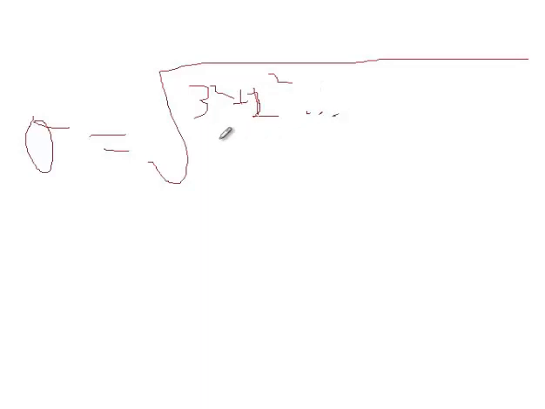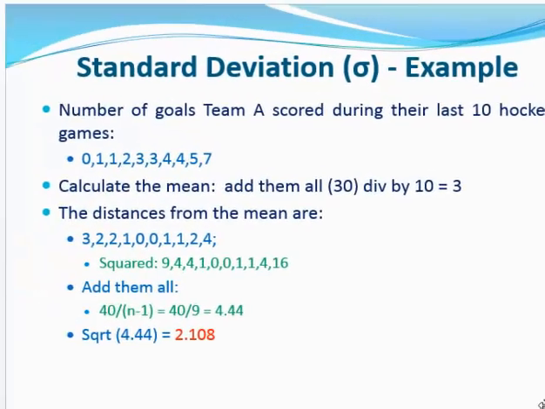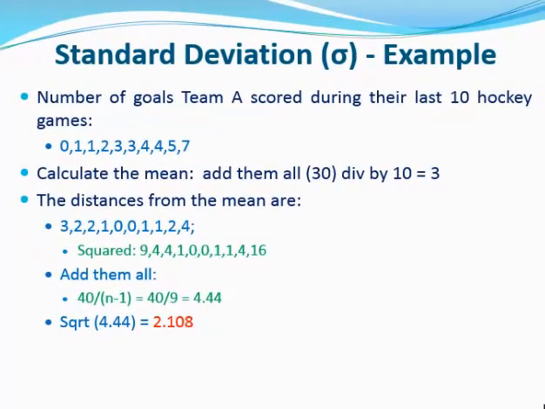Whenever we talk about n in this course, we're talking about the sample size. So it'll be 3 squared plus 2 squared plus 2 squared plus 1 squared plus 0 squared plus 1 squared plus 1 squared plus 2 squared plus 4 squared. You can then do it on a calculator, and the answer would come out to 40 altogether. Divide by 9, which is 4.44, and take the square root of that.